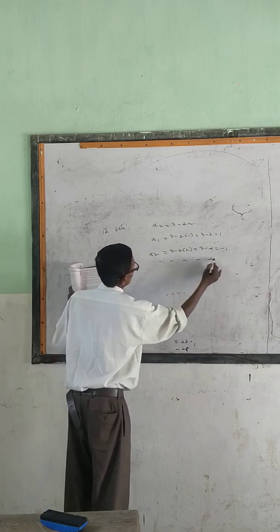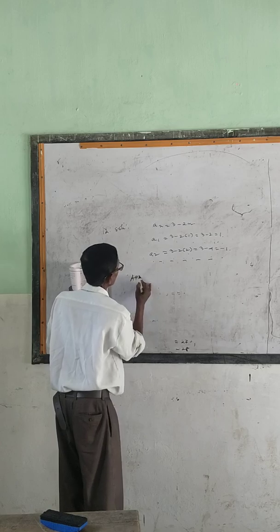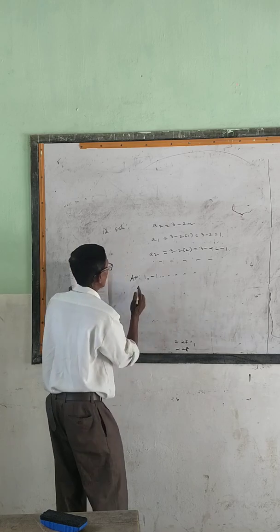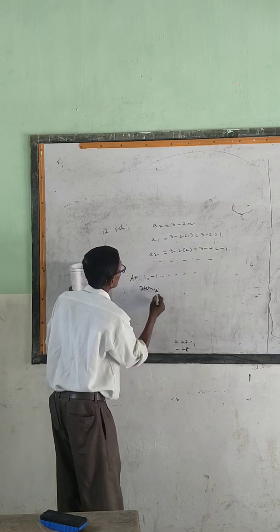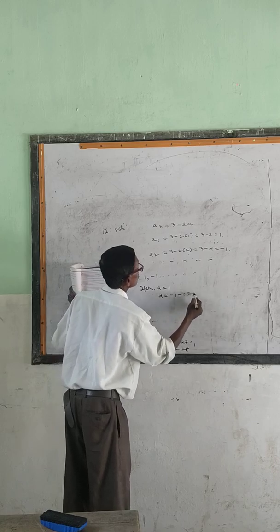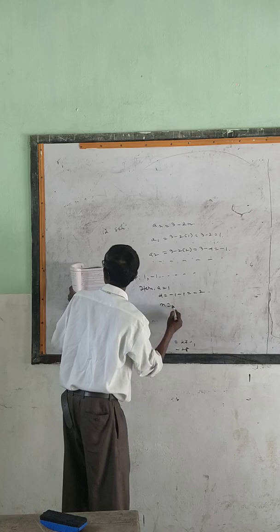No need to find more. So a is 1, d is minus 1 minus 1, which is minus 2. n is 50.